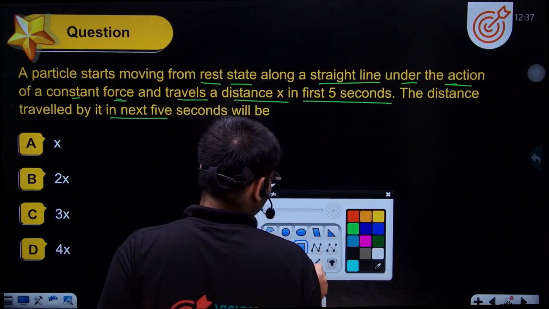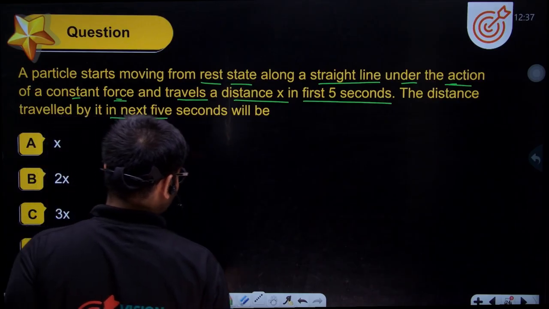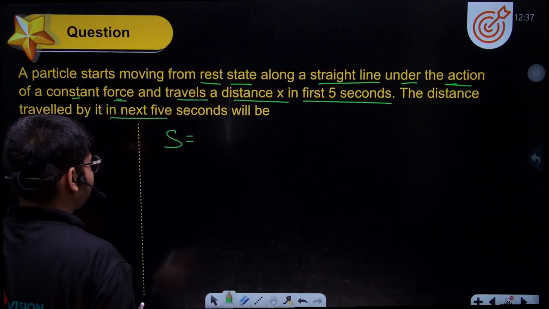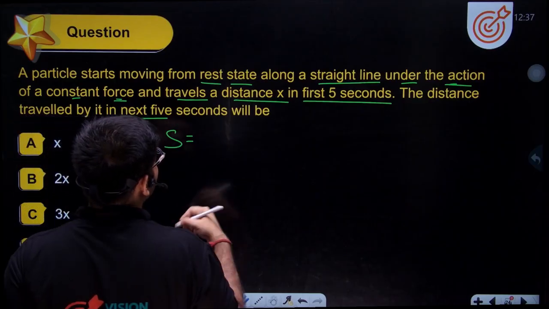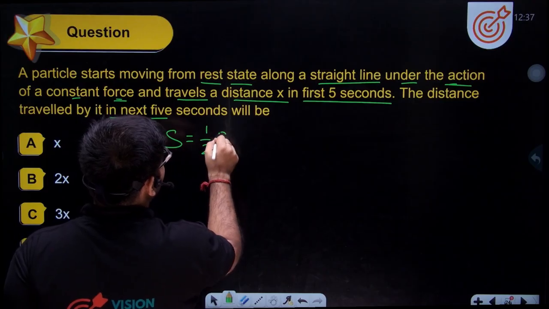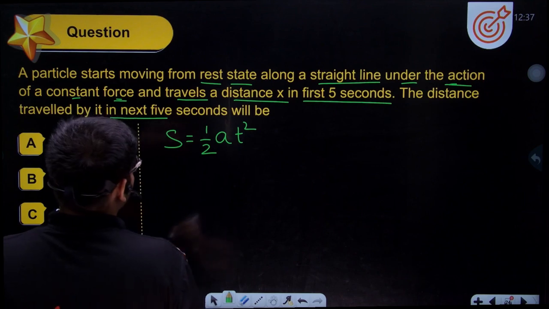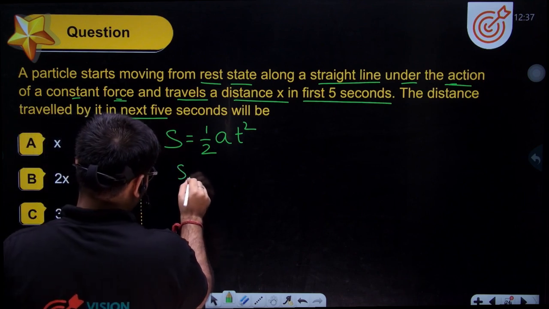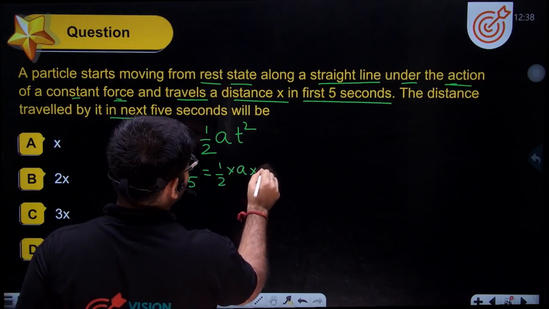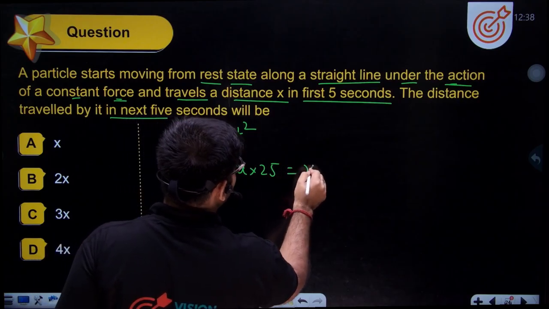So what we need to do here is, we know that s is ut plus half a t squared. Here u is 0, so half a t square. So for the first 5 seconds, s5 is going to be half into a into 25, and that is equal to x.